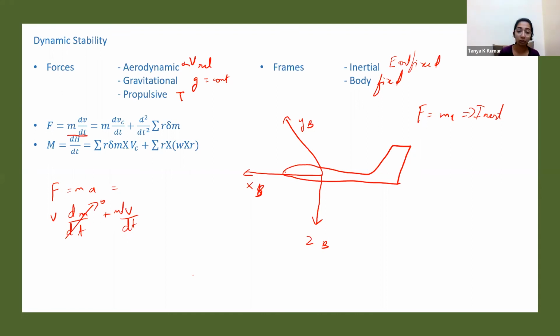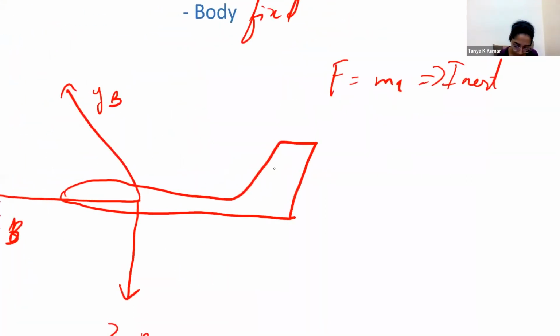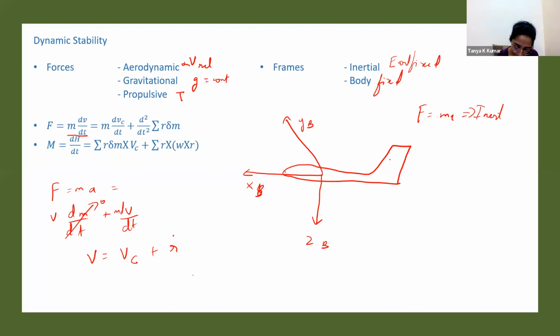Okay. Now v is what? It's the velocity of the center of mass plus the velocity of, if it's a rigid body, some point on this body, if there is some incremental mass delta m here, from the point center of mass, this is r.